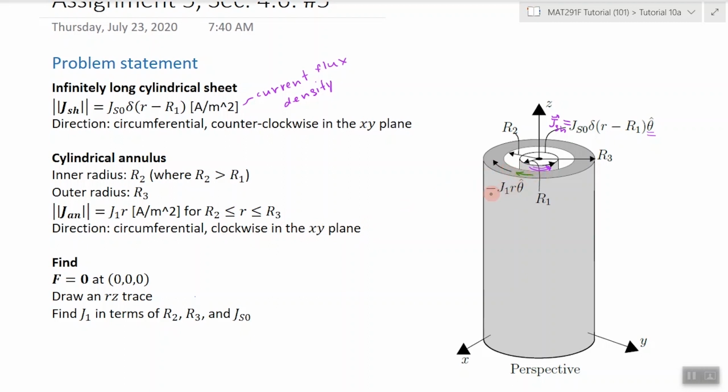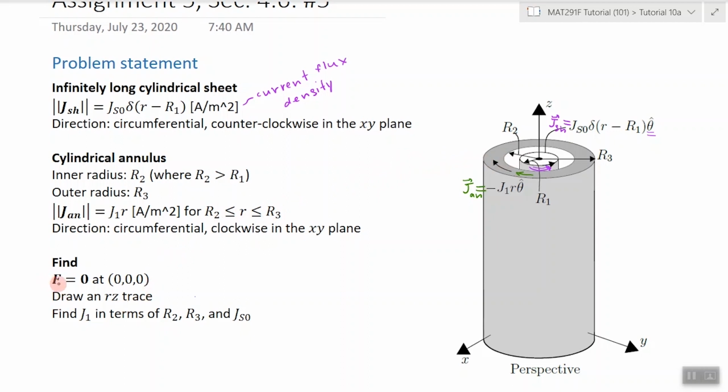And you can see there is negative theta hat direction to it. The magnitude of this current flux density is given here. It's J1 times R, where R is the distance from the z-axis, and it's measured in amps per meter squared. Now, this current flux density is like this between inner and outer radii of the annulus, and at all other values of R, it's going to be 0.